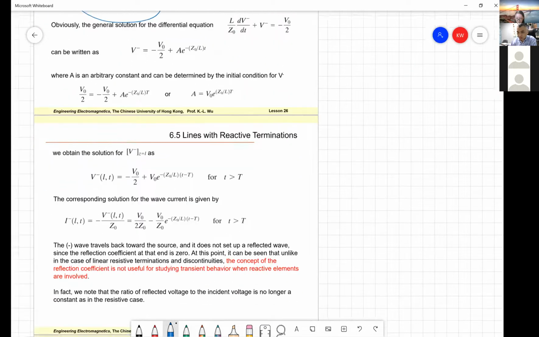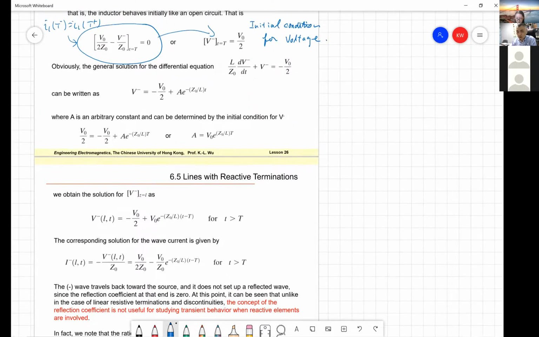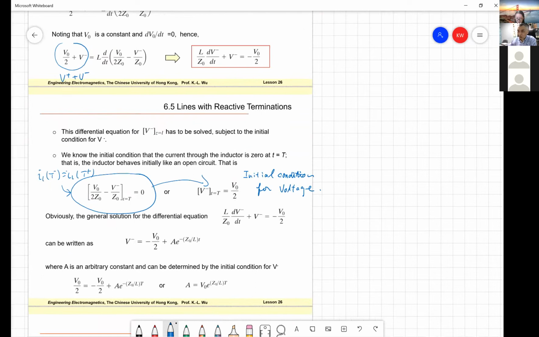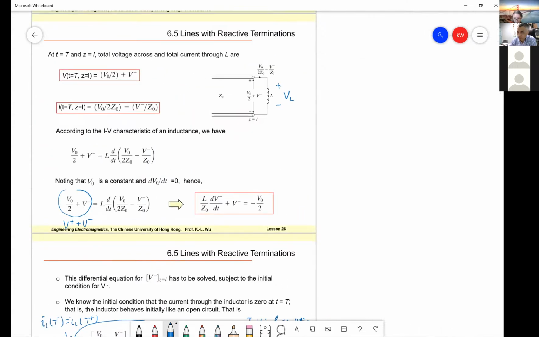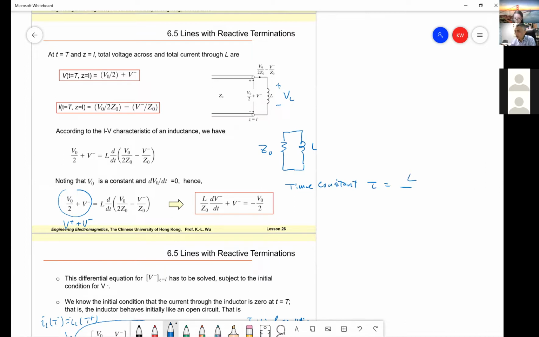Also, when we look at this inductance on the other side, this is one resistance, so we can find the time constant tau.